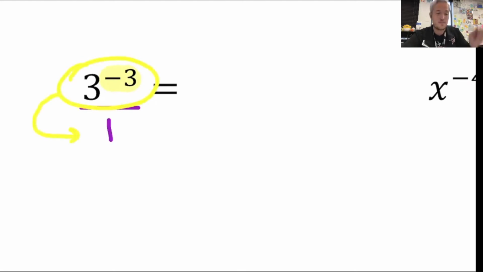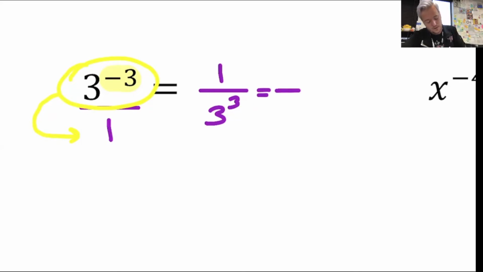If it's in the top, it's going to go to the bottom of the fraction, which means once it switches over, it becomes positive. Notice how we don't have anything up here in the top, so we just write a 1. From here, now we can simplify. 3 to the 3rd power: 3 times 3 is 9, times 3 is 27.